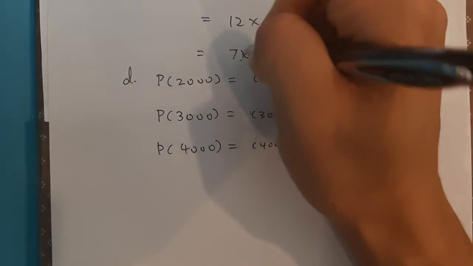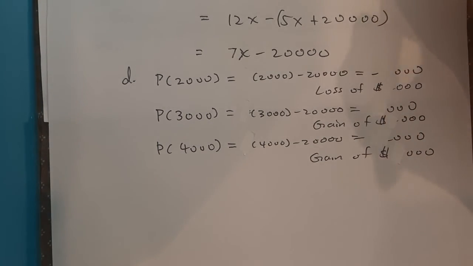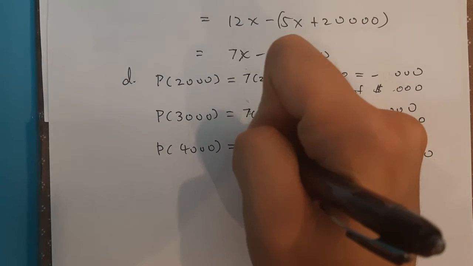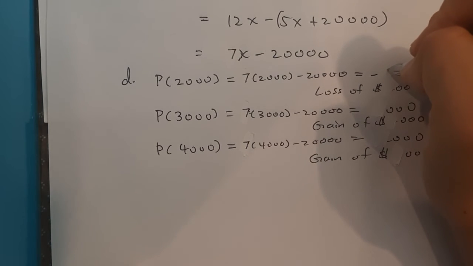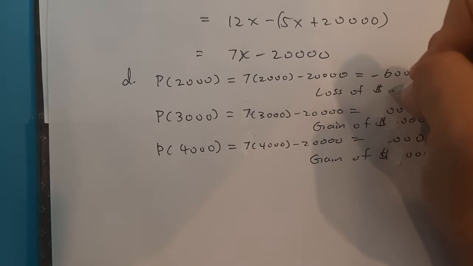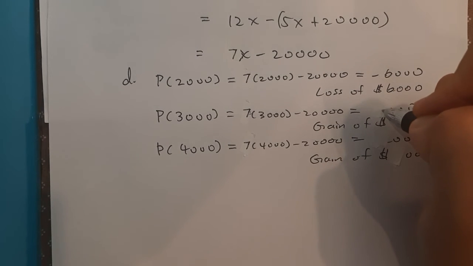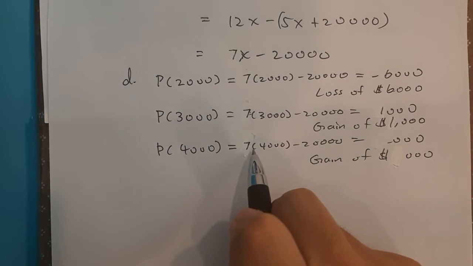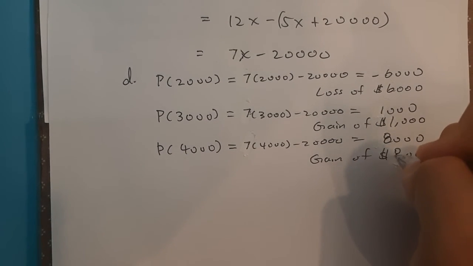Okay, so there's 7x. Here we got 7. So this is supposed to be 14 minus 20. So that's negative 6. Here we have 21, so it's 1,000. And here we have 28 minus 20, so it's 8, here 8,000.